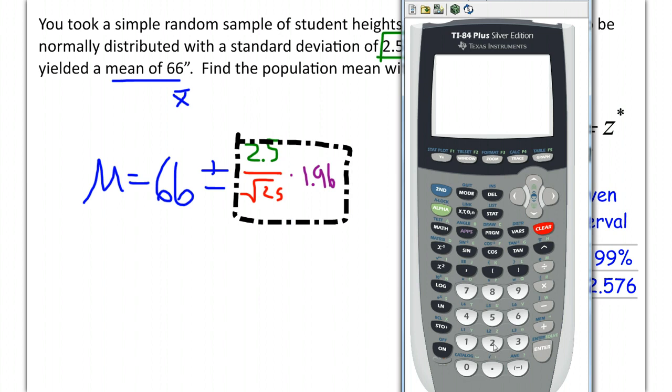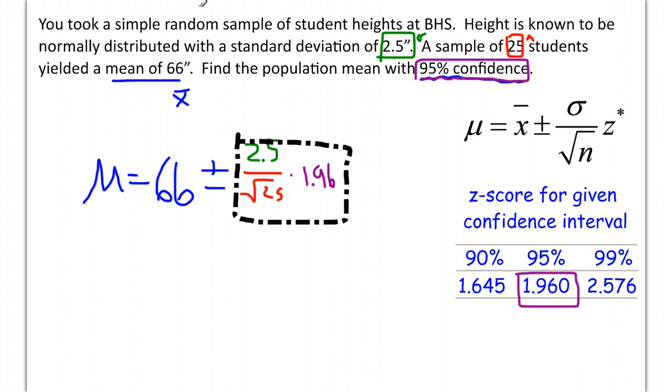So when I do that, I do 2.5. I can multiply straight across the top 1 times 1.96 and then divide by the square root of 25. And it says it equals 0.98.